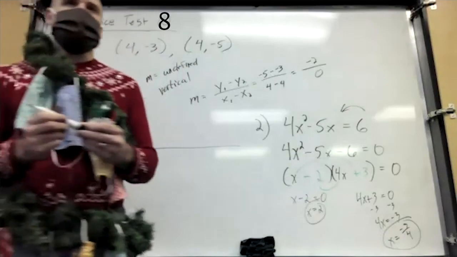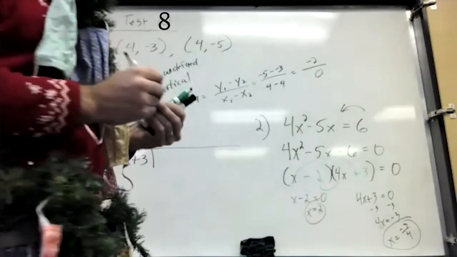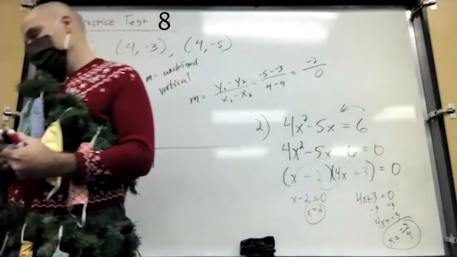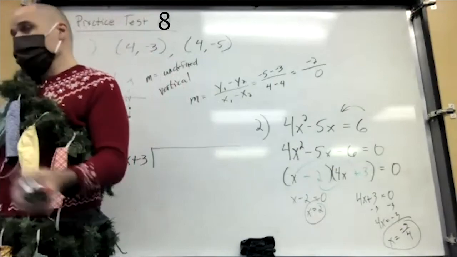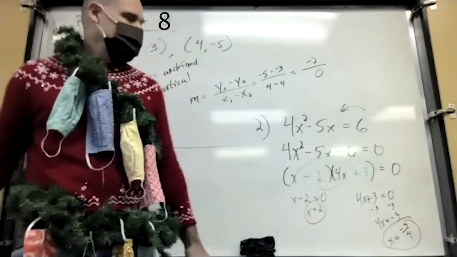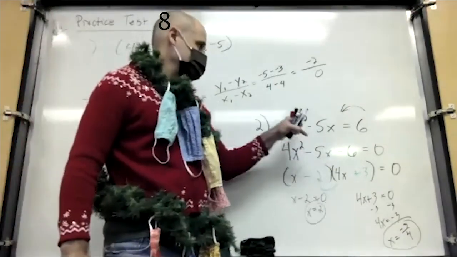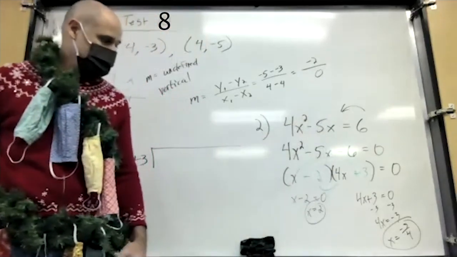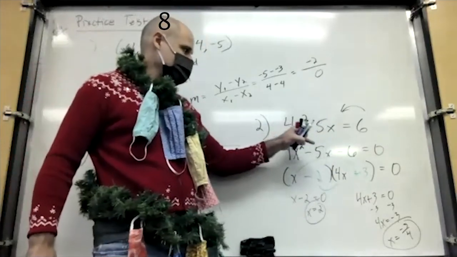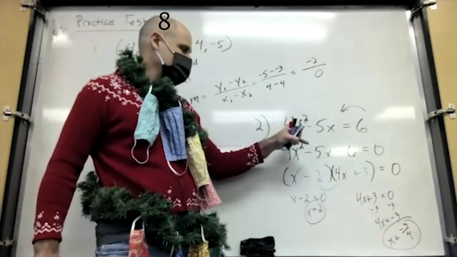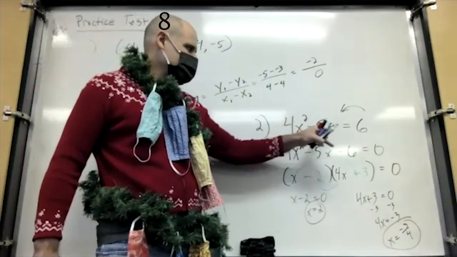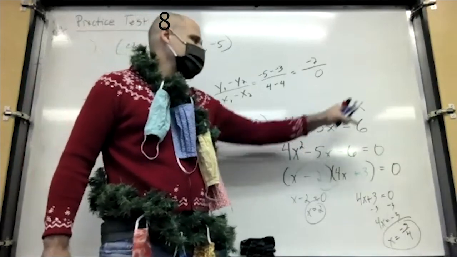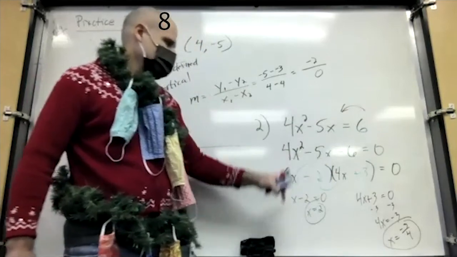Roots are basically what makes that 0. Or roots are really just solutions. So these 2 numbers satisfy that equation. If I plugged in 4 times 2 squared, so 4 times 2 squared is 16, minus 5 times 2 is 10, 16 minus 10 is 6, that works.